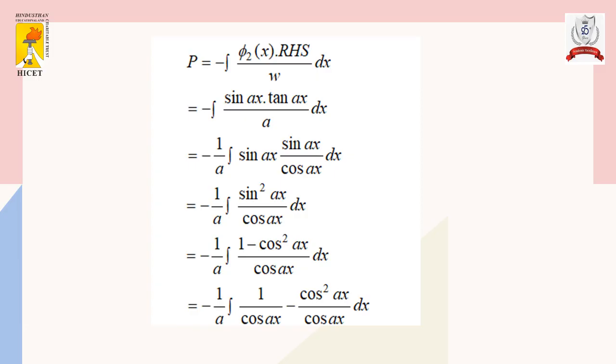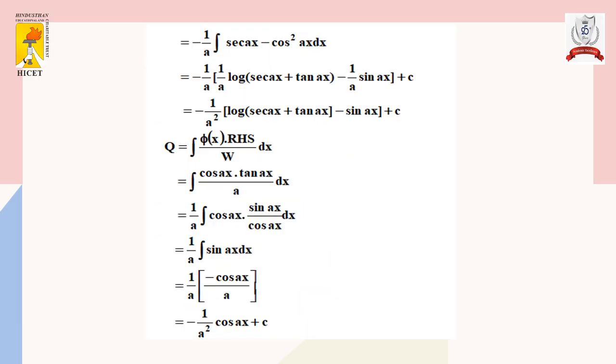Since the denominator is a cosine term, we convert the numerator also in terms of cos: sin square ax is 1 minus cos square ax. After that we split the function as 1 by cos ax, which is secant ax, minus cos ax into dx.